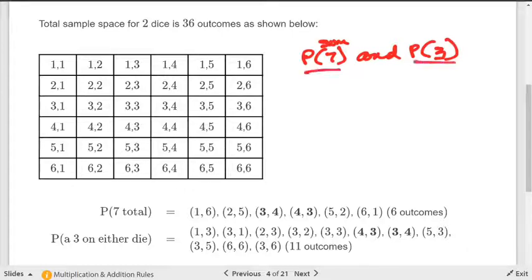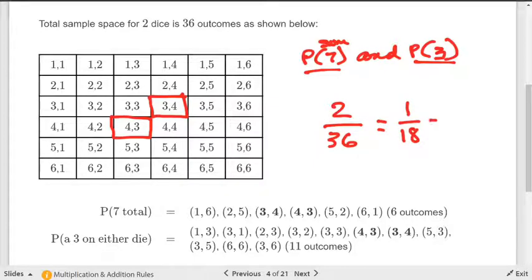Well, it's got to be a 3 and add up to 7. The only way to do that is a 3 first, then a 4, or a 4 first, then a 3. So how many pieces of the sample space work? 2 out of how many? 36.